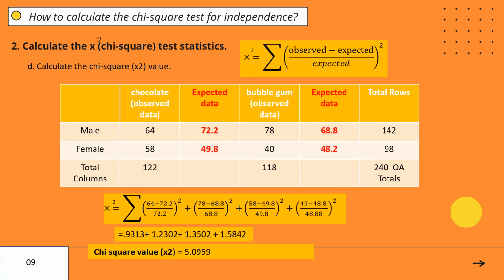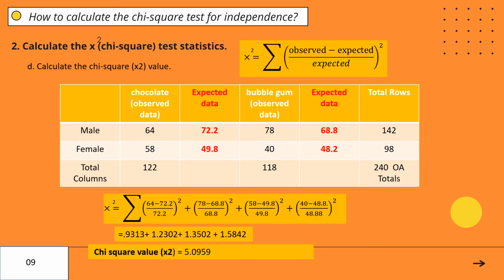For example, in our table, we have 64 males who chose chocolate as our observed data, minus our expected data, which is 72.2. Then multiply it by itself and divide it by, again, the expected data, which is also 72.2.